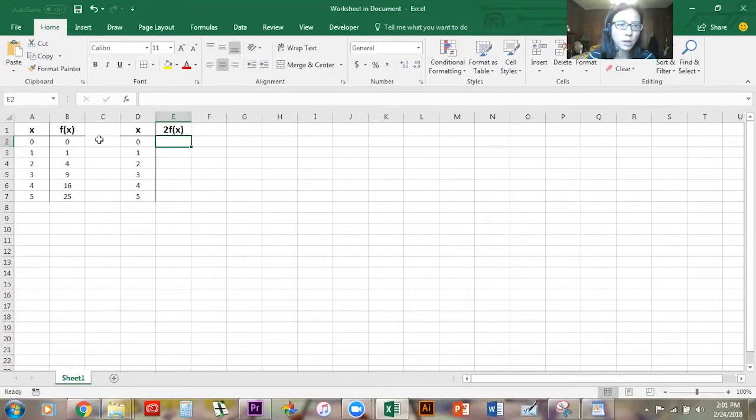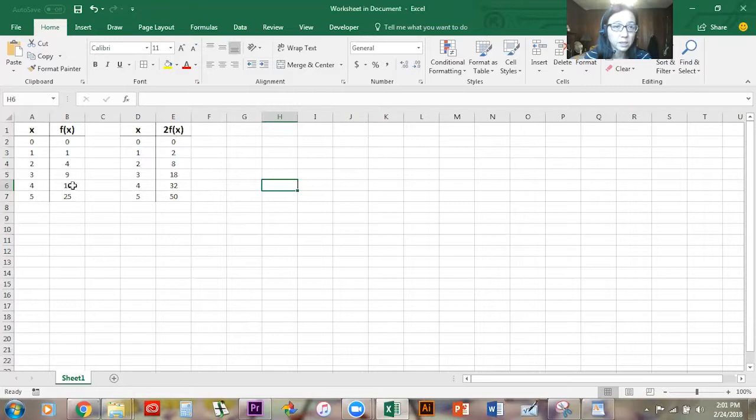So the 0 value here would get doubled, resulting in still a 0. The 1 value here would get 2 times that f of x value. The 4 would get doubled, the 9, etc. On a table, it's pretty easy to understand that this 2 multiplying times the f of x only affects the f of x.